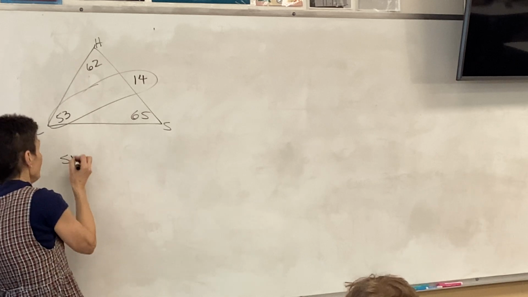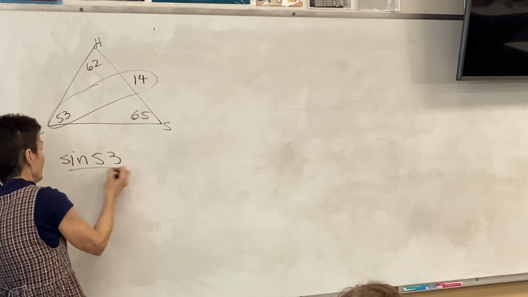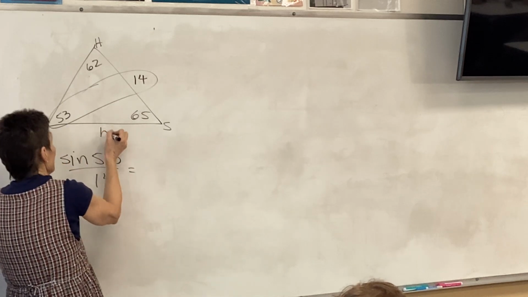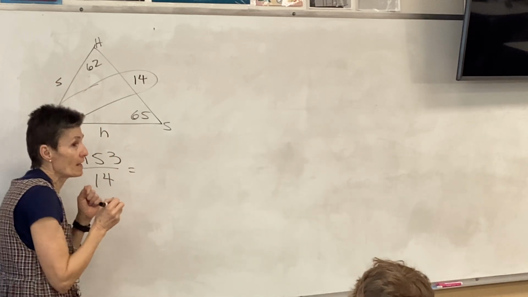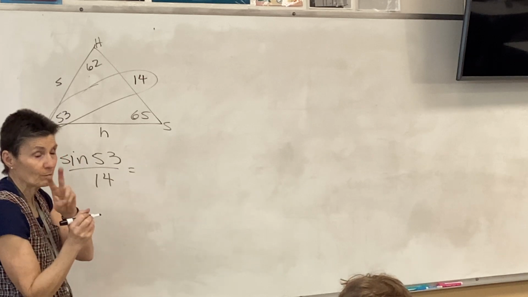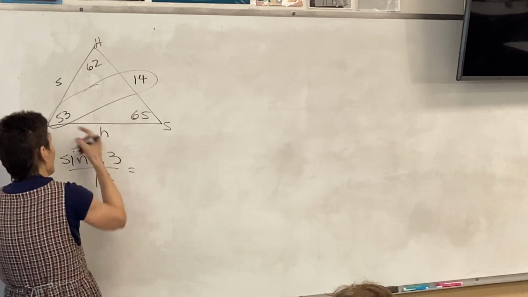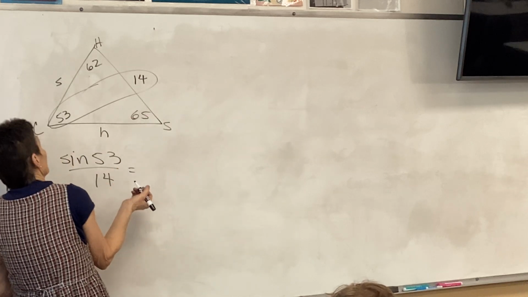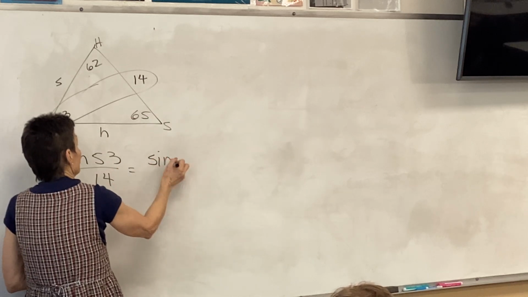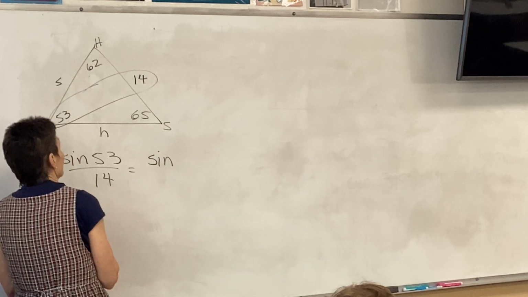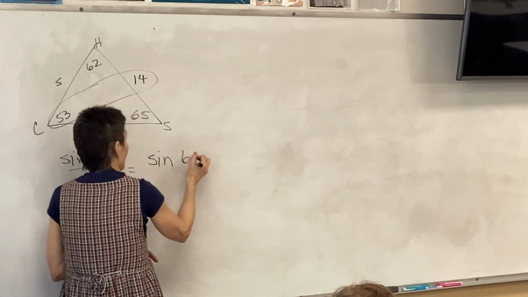So sine 53 over 14 equals, now, you're going to do both of them. You recall that? Gotta do both of them. So the order you do them doesn't matter. So what do you want to say? Sine 53 over 14 equals sine 62 over h.